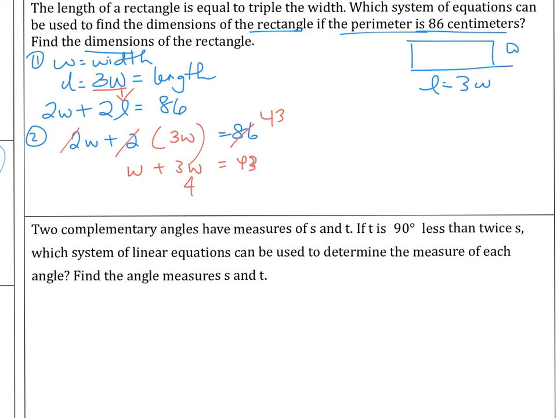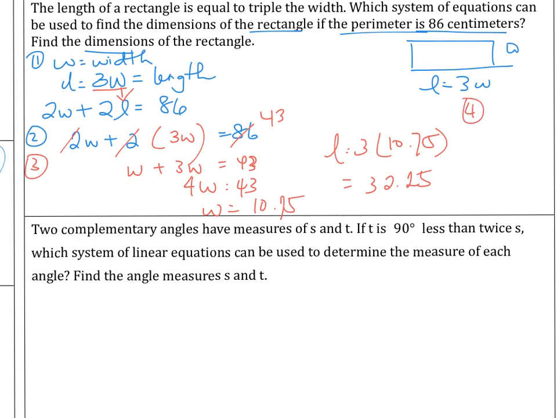So 4W would equal 43, and W would equal 10.75. And then L, 3 times 10.75 would give you 32.25. So for step 4, I'm going to write 3 here for the work, and 4 will be my answer.